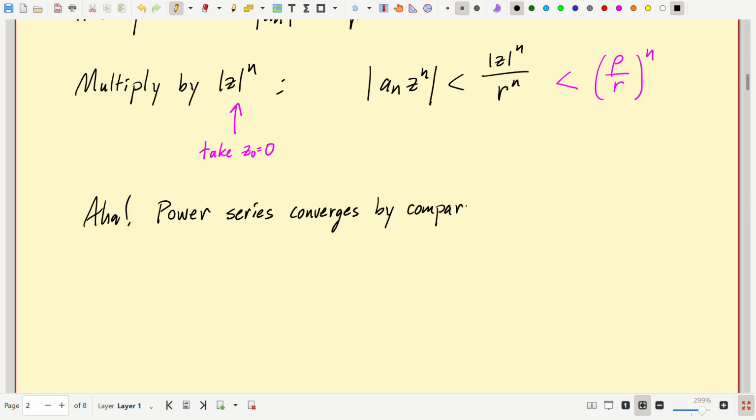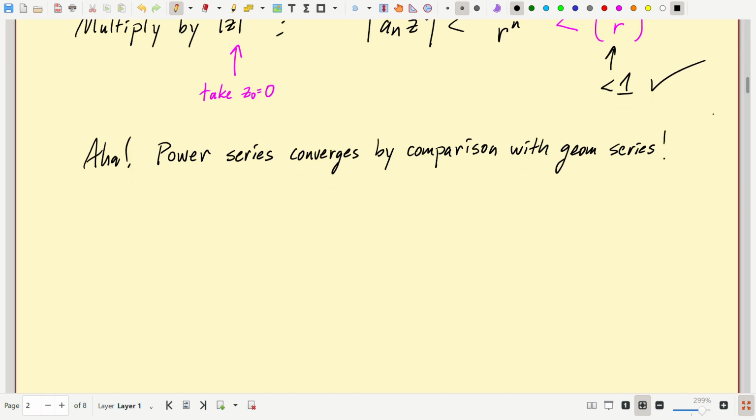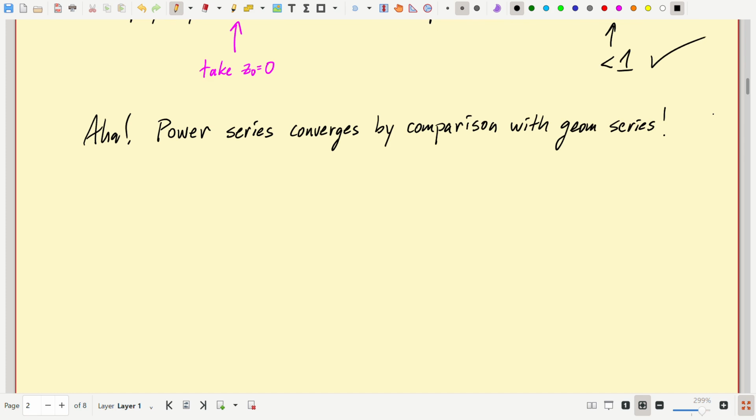Of course, it's important that rho over r be less than 1. Strictly less. Okay, it's important that be less than 1. Check.